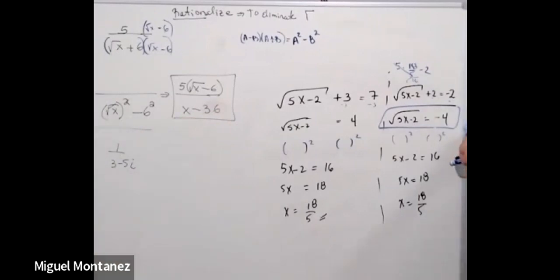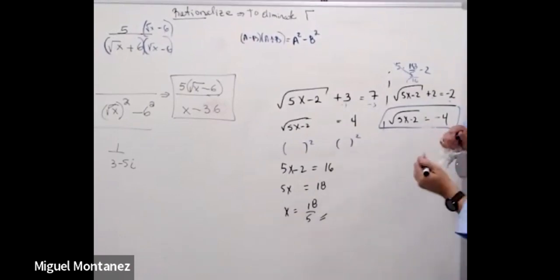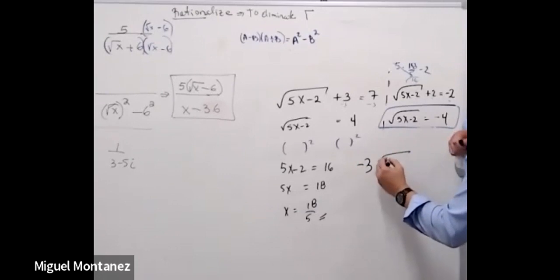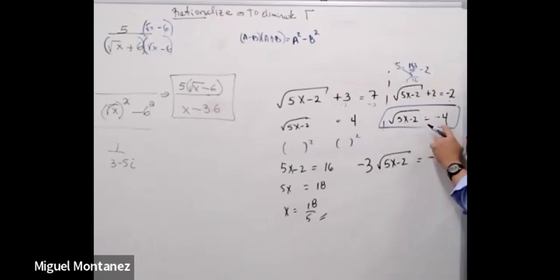Now, be careful because I always tell my students, just kill it right there. I'm going to erase, okay? Now, if you're working the problem and you end up with -3 times the square root of 5x minus 2 equals -12. Well, here I say, the square root equals a negative number, no solution.